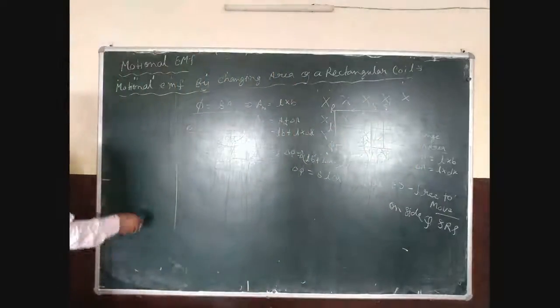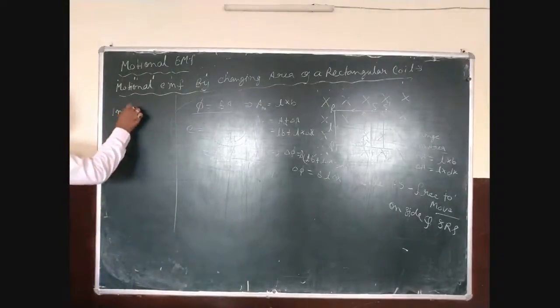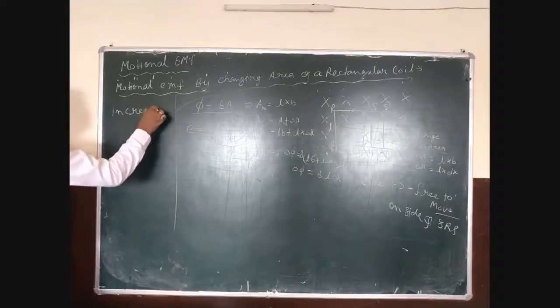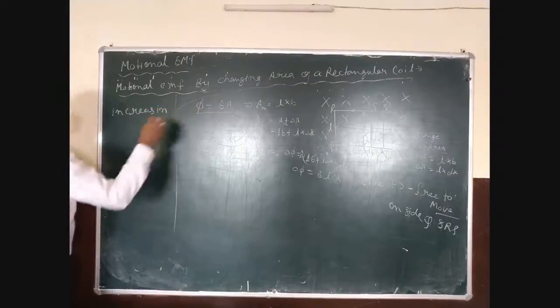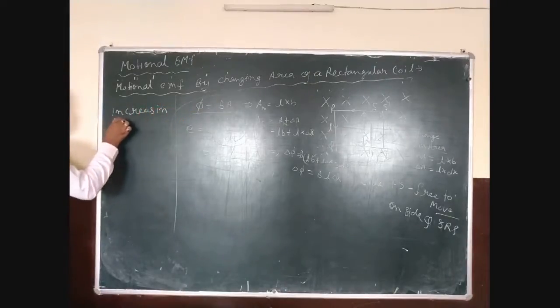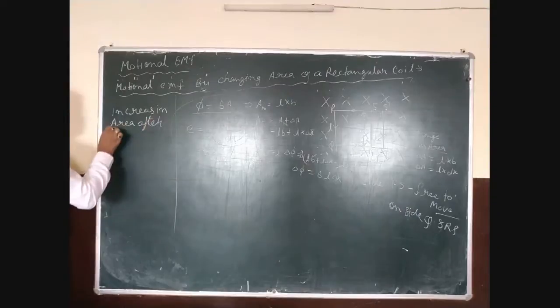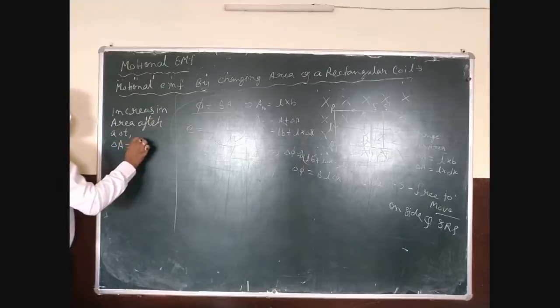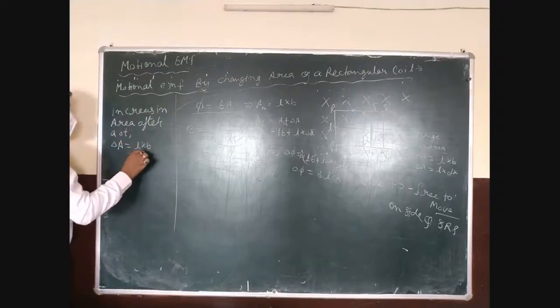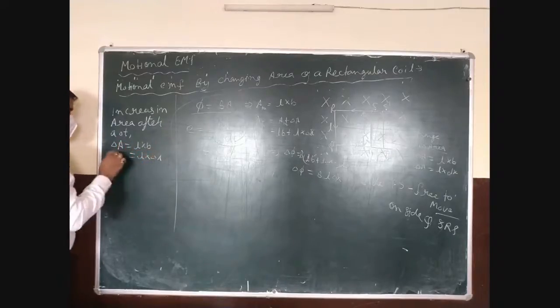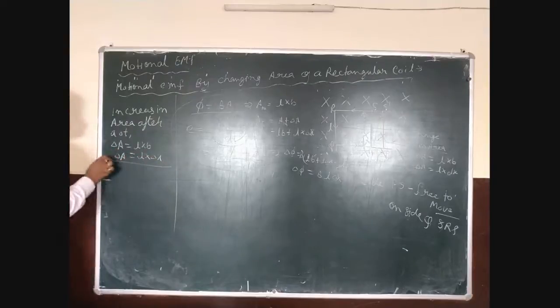Then we find the increase in area after a certain time del t: del A is equal to L into B, that is L into del X. This is the increasing area.